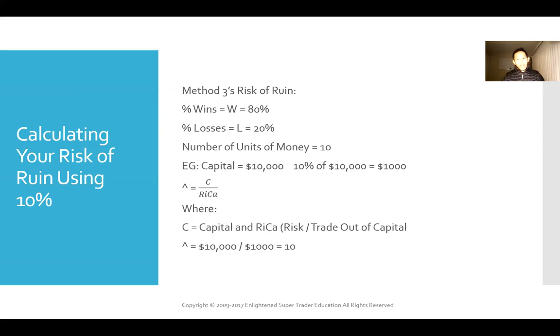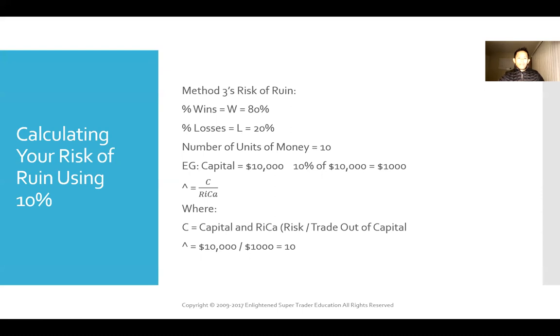In this particular case, we're just going to make it 80%, and therefore the losing rate is 20%. So for example, if you have a $10,000 account and you want to calculate your risk of ruin using 10% that you're willing to risk per trade, 10% of 10,000 equates to 1,000. So 10,000 divided by 1,000 equals 10, which becomes the number of units of money.